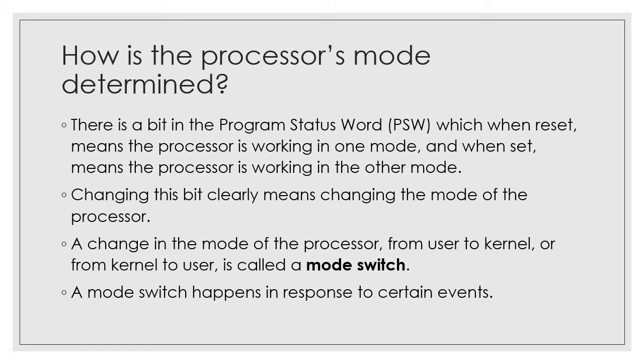Changing this bit clearly means changing the mode of the processor. A change in the mode of the processor from user to kernel or from kernel to user is called a mode switch. A mode switch happens in response to certain events, and we will look at them shortly.